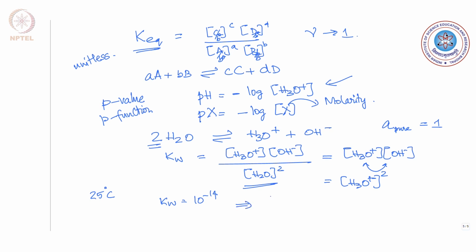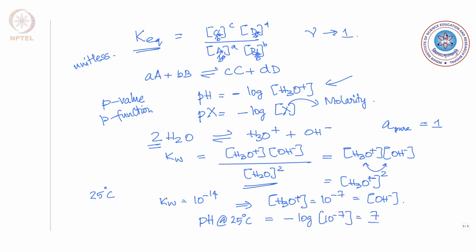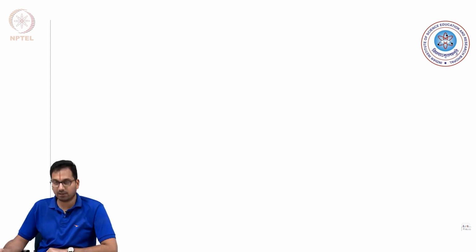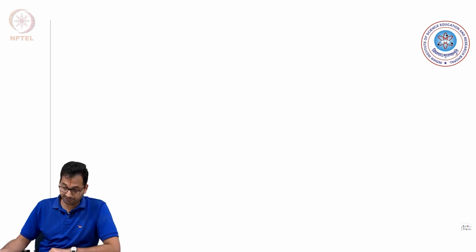So, immediately you are able to understand that the concentration of H3O+ is 10 power minus 7, which is also the same as the concentration of the hydroxide ion. So, the pH of pure water at 25 degrees ends up as minus log of 10 power minus 7, which becomes 7. This is how you describe water under neutral conditions.